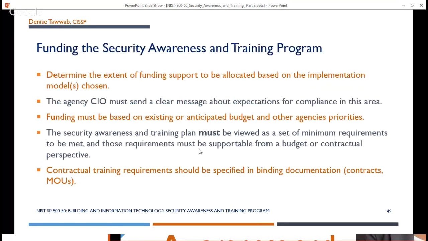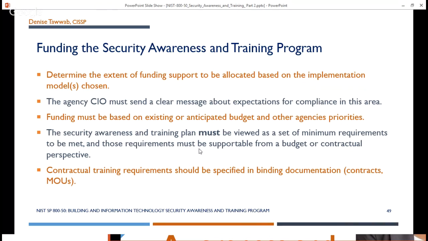Funding. How do you get funding for your security awareness and training program? You want to determine the extent of funding support to be allocated based on the implementation model that you chose, centralized, decentralized, or hybrid. The agency CIO must send a clear message about expectations for compliance in this area. Funding must be based on existing or anticipated budget and/or agency priorities.